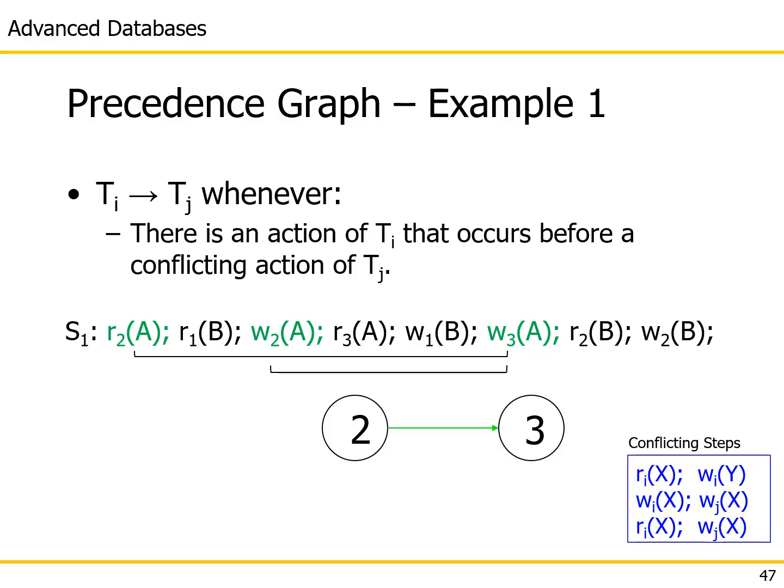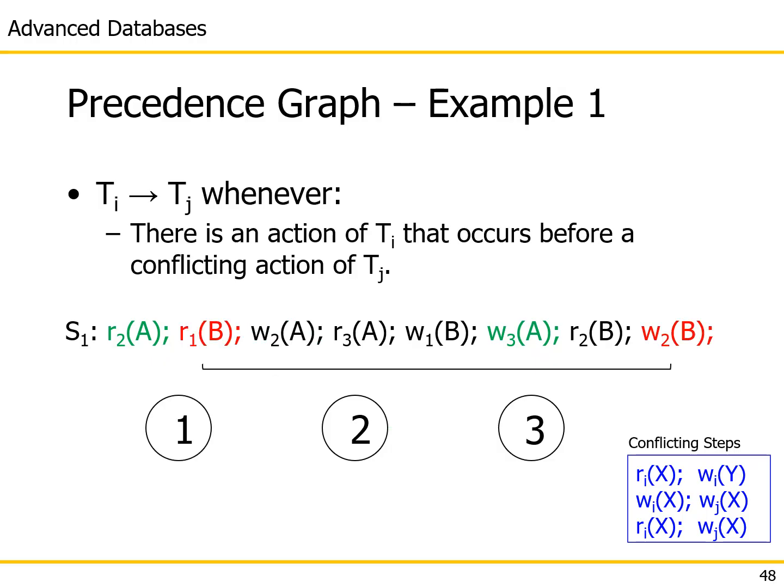To be more accurate, we're talking about being equivalent to some serial schedule where 2 comes and then 3 is executed after it. This looks like it is conflict equivalent to one of those where 2 comes before 3. Now we keep looking at the conflicting steps, and I will find this one: transaction 1 reads B, transaction 2 writes B. This is the third conflicting step in the blue box.